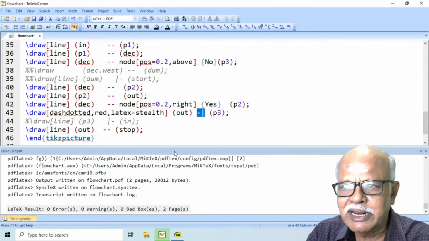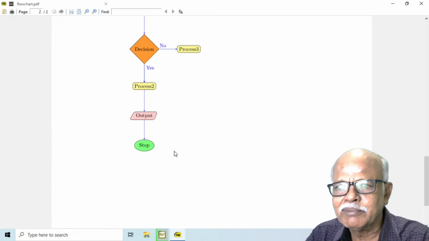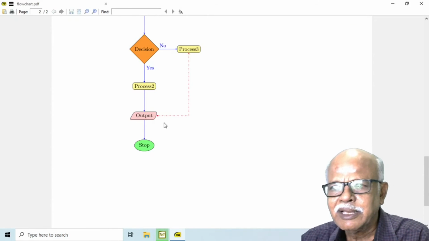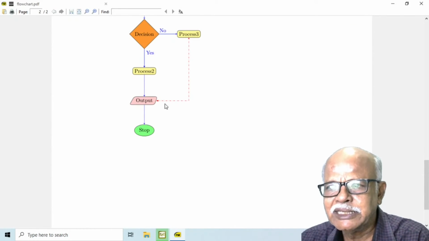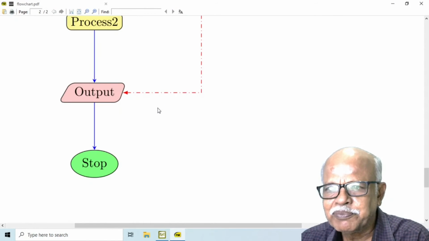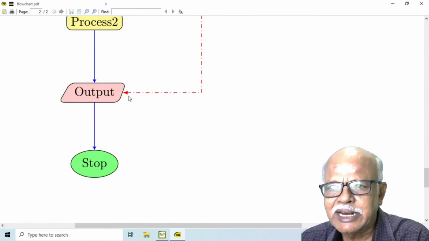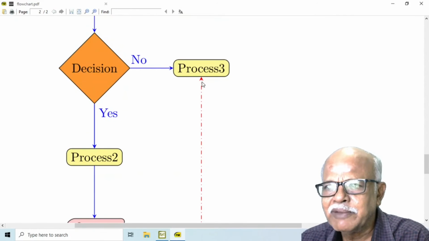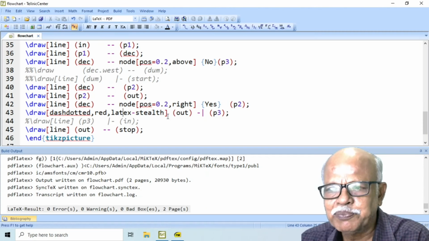First a horizontal line and then a vertical line. I think you are able to see this. This is a double-headed arrow. Initially here it is like a latex arrow, and here we have a stealth arrow.